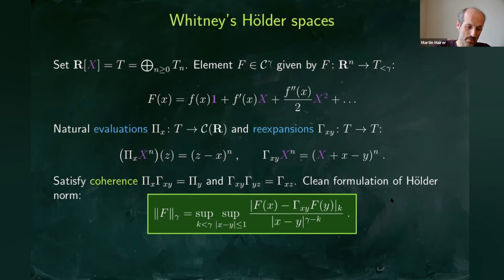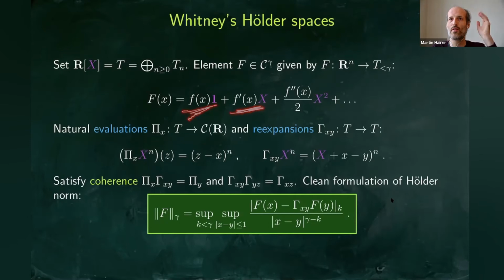You give yourself not a real valued function, but a function with values in these polynomials. So if you want, you give yourself a candidate Taylor expansion at every point. At this stage, there's no guarantee that f' of x is the derivative of f of x.